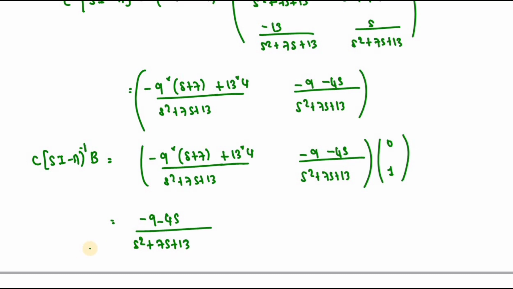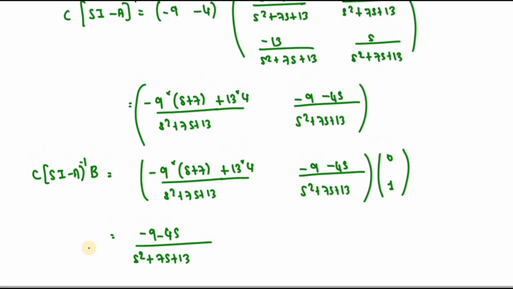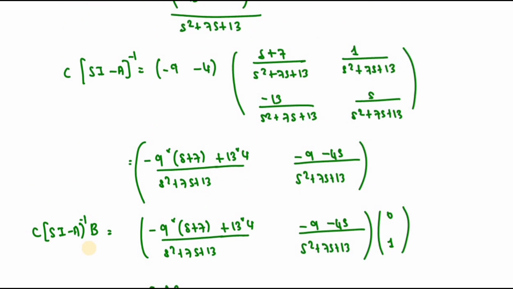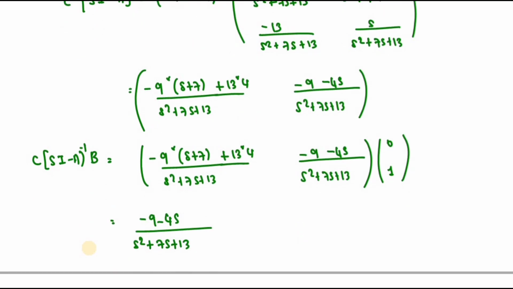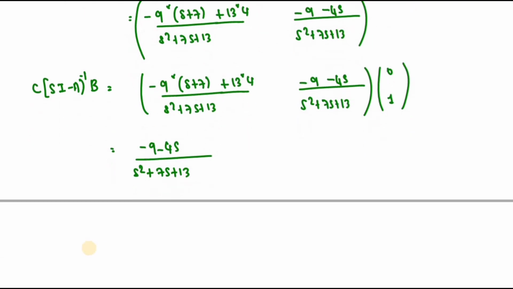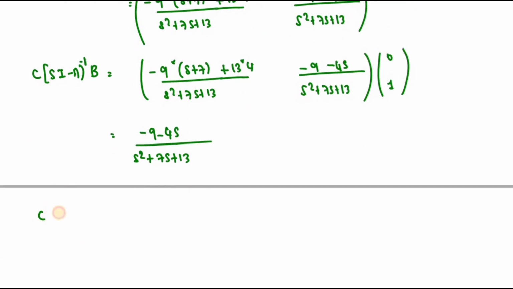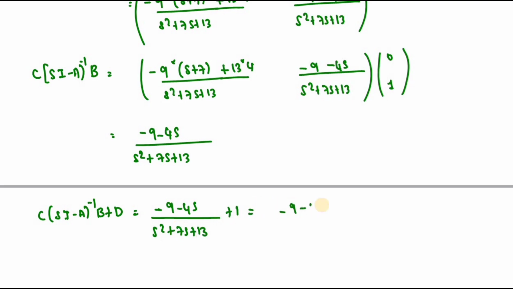Okay. Then you have to add with D, right? So the D value is nothing but 1. Okay. So minus 9 minus 4s divided by s square plus 7s plus 30, plus 1. So you will get minus 9 minus 4s plus s square plus 7s plus 13 divided by s square plus 7s plus 13.